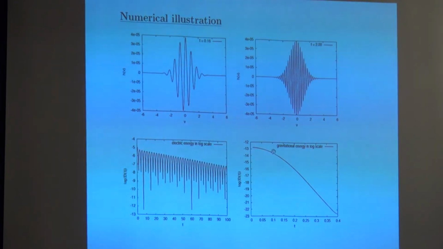This is the same picture for gravitational interaction. And you don't have these fast scale oscillations, these long mirror oscillations, but you do have the decay. And this decay is due to these fast oscillations in velocity space.